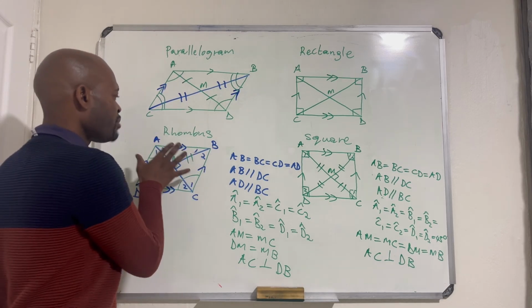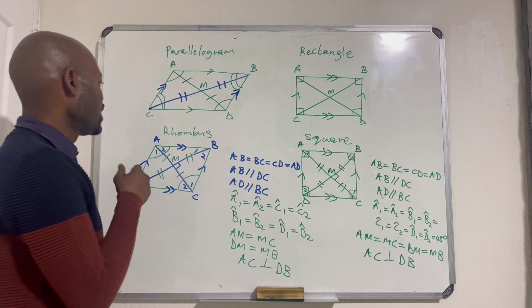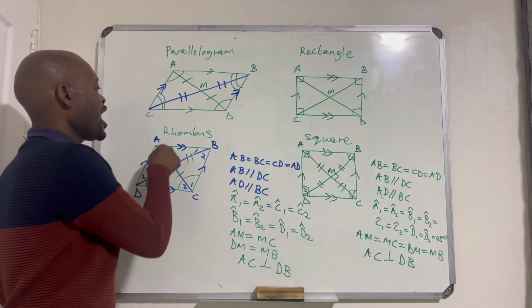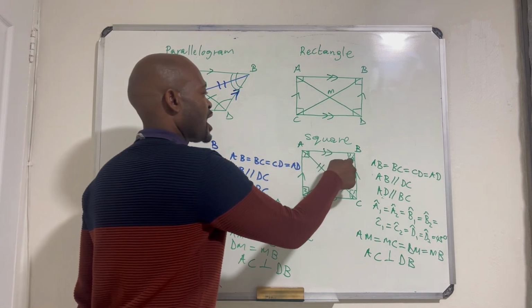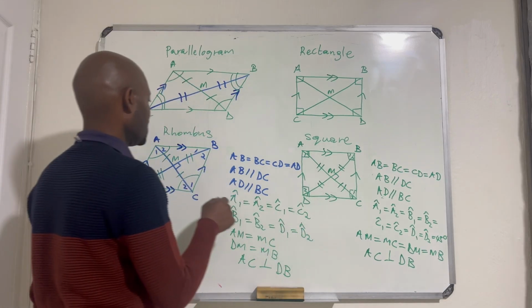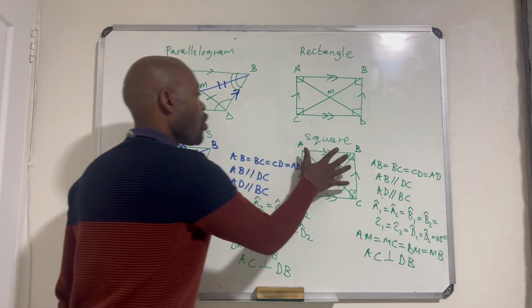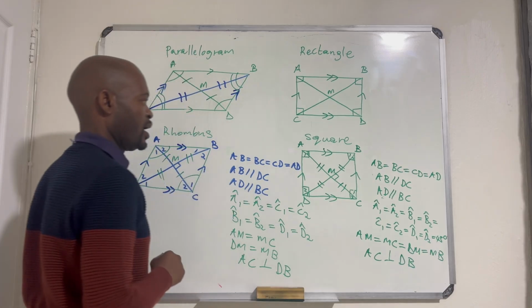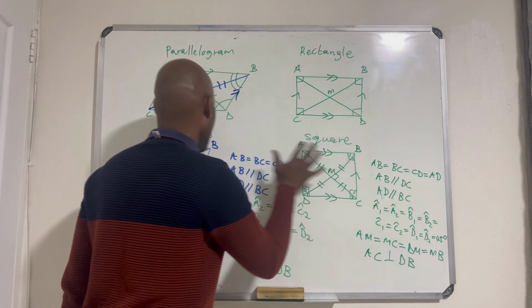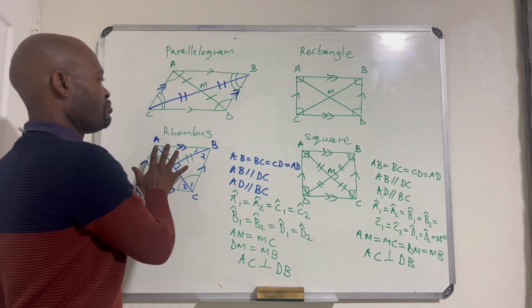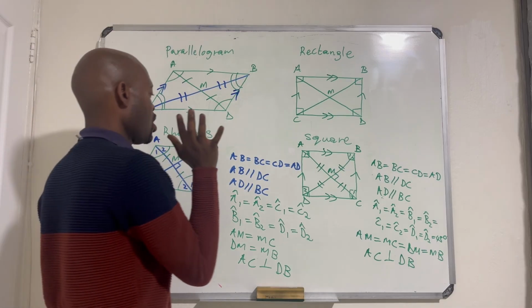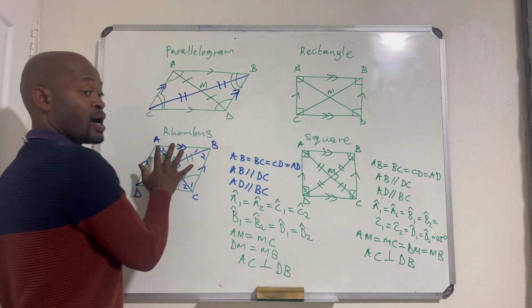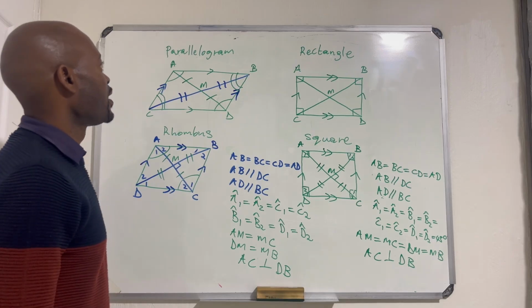Why is a rhombus not a square? It is because a rhombus doesn't have 90 degree angles. Therefore, a rhombus cannot be a square. But a square can be a rhombus because all the properties of a rhombus are in a square.